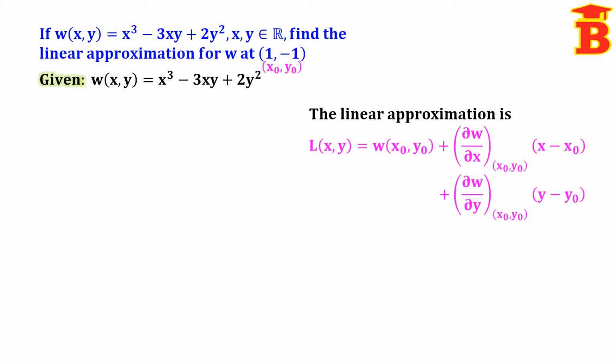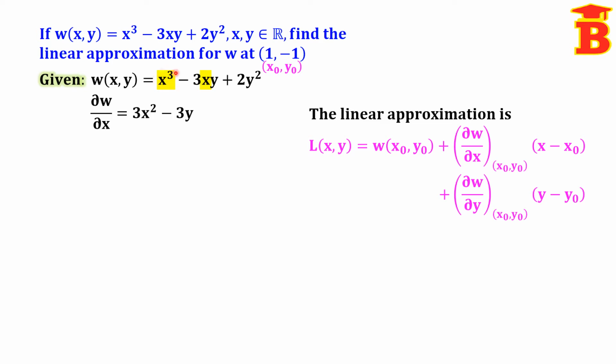So for this, first let us find dou w by dou x. So the function w is given. We have to differentiate w partially with respect to x. So that means see the x terms only. So in the function these are the x terms. Differentiate x terms only.